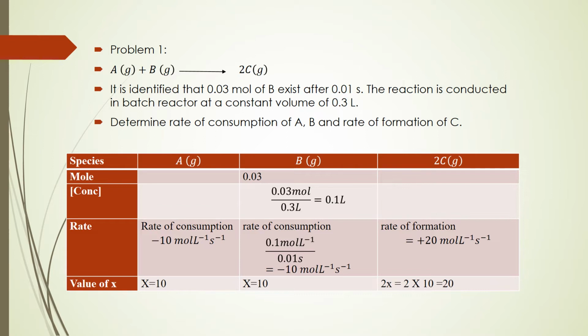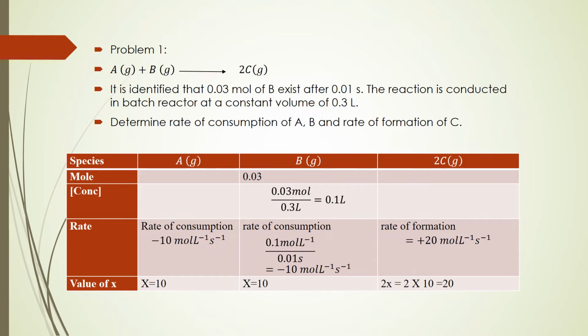Now we know that, and then we add a value of X. If you look at the far left, for the first column, we have species, mole, concentration, rate, and also the value of X. Under the rate, at this stage we haven't filled in the rate for A and C. We are just solving for B. So now we introduce X. X equals 10 because we have just solved for B. X is 10, which means 1 mole is equivalent to 10.